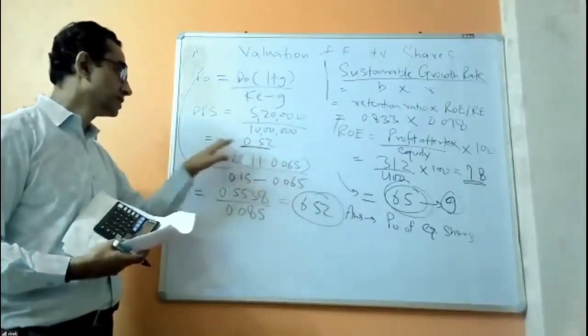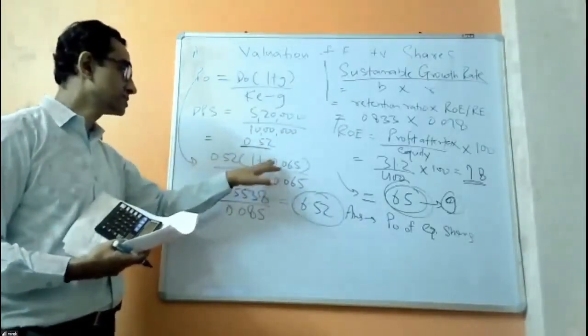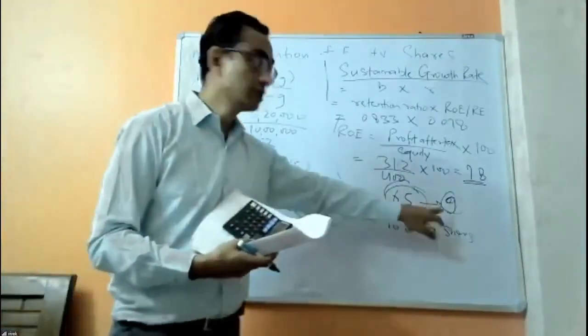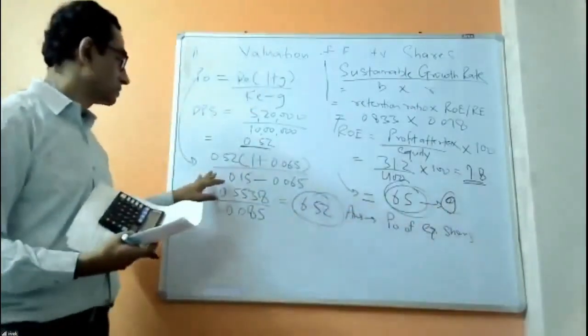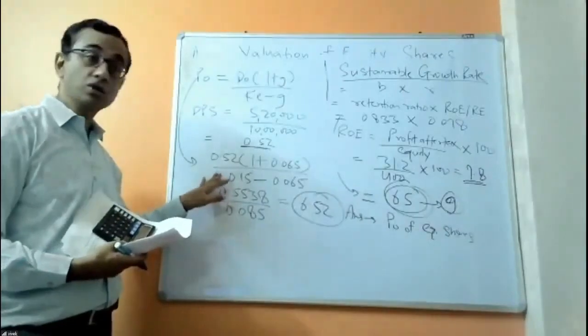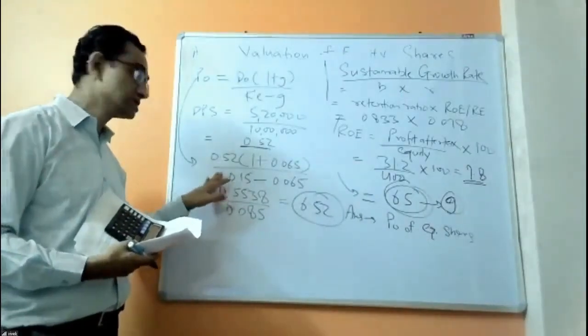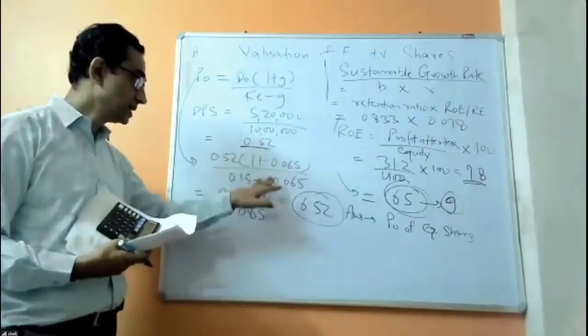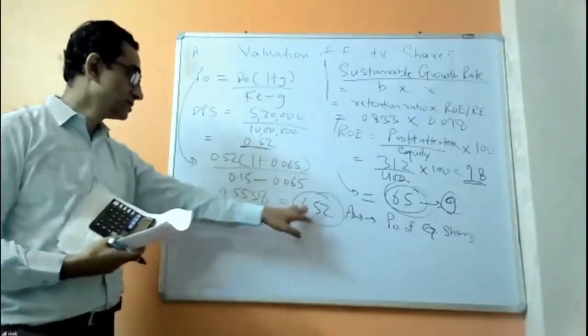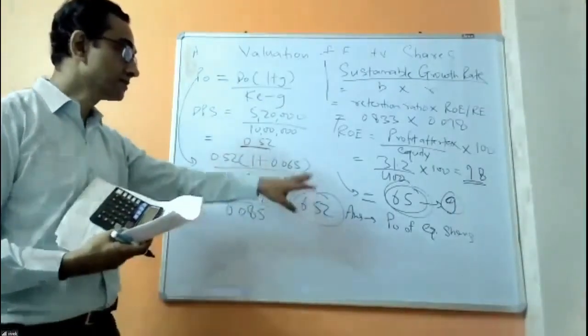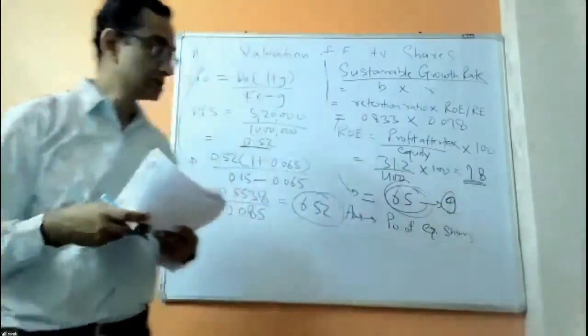We put this figure into the formula, 0.52 into 1 plus growth rate. The growth rate we have calculated is 6.5%, and K, the cost of equity or the required rate of return or the discount rate, is given in the question, 15% less growth rate. So the figure we got is 6.52. It is the present value of the equity shares.